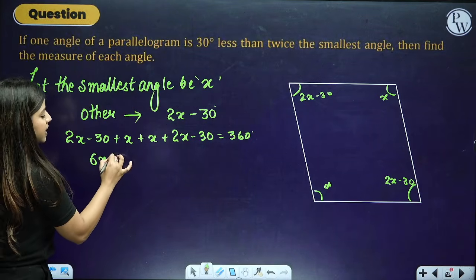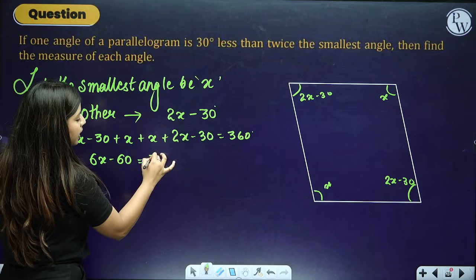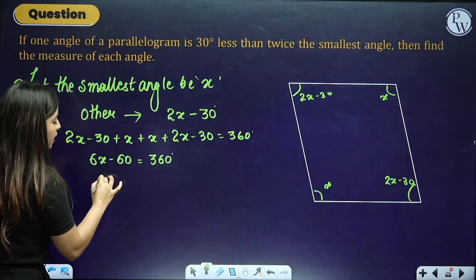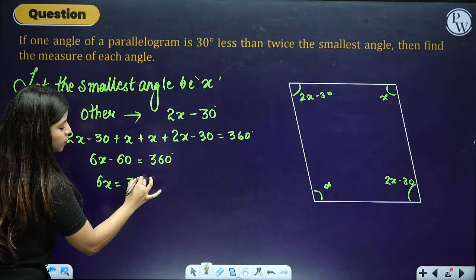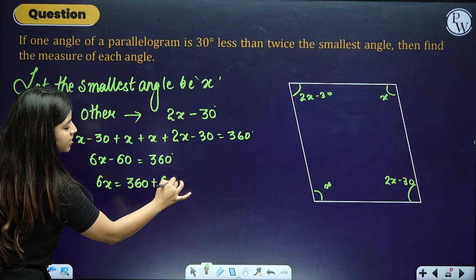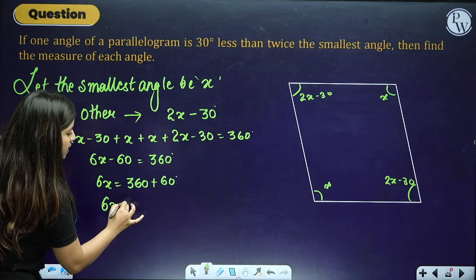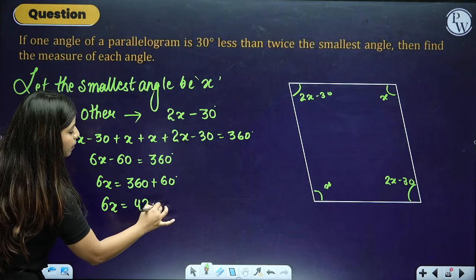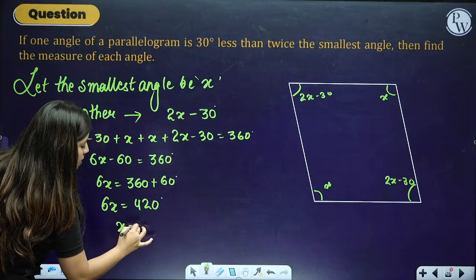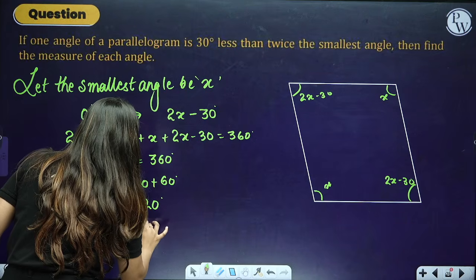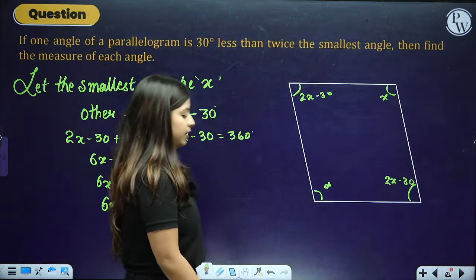So 6x minus 60 degrees is equal to 360 degrees. 6x is equal to 360 plus 60, so 6x is equal to 420 degrees, and from here the value of x comes out as 70 degrees.